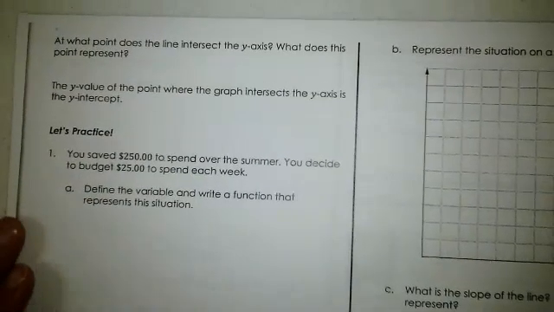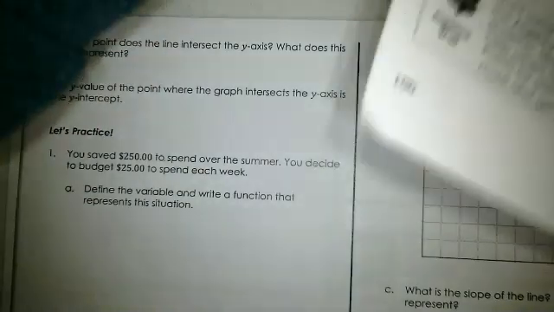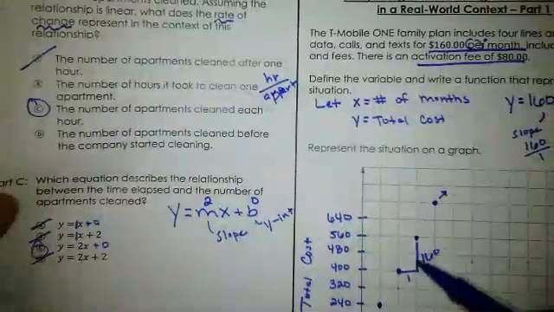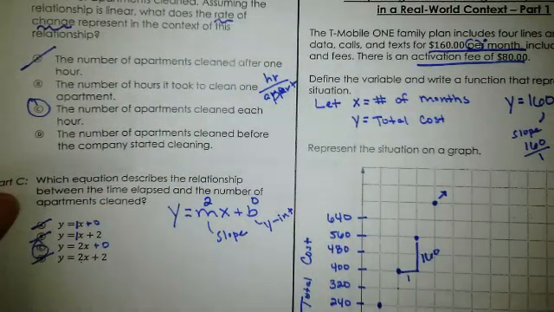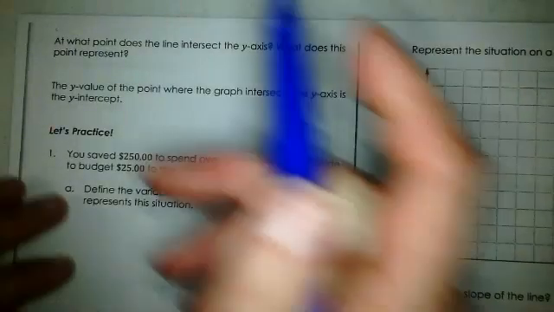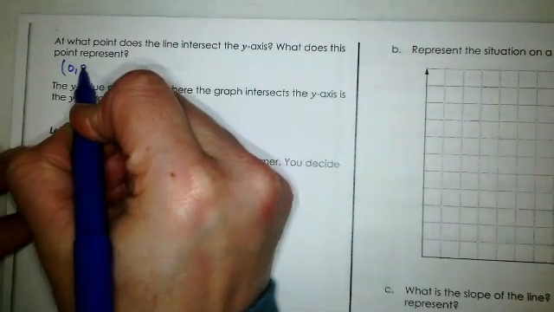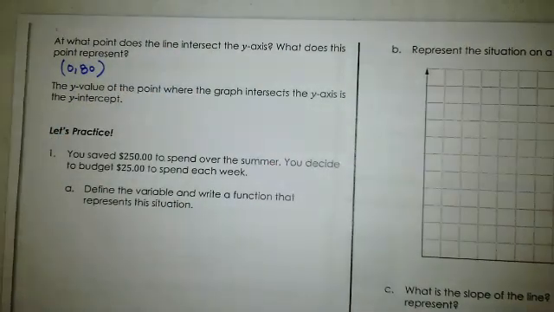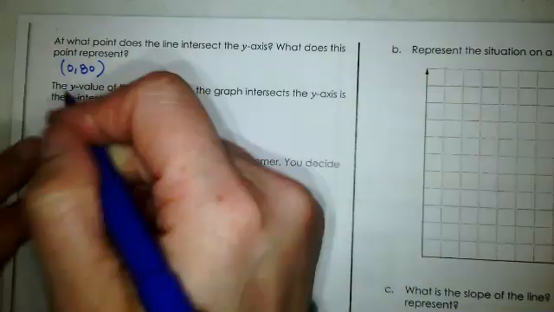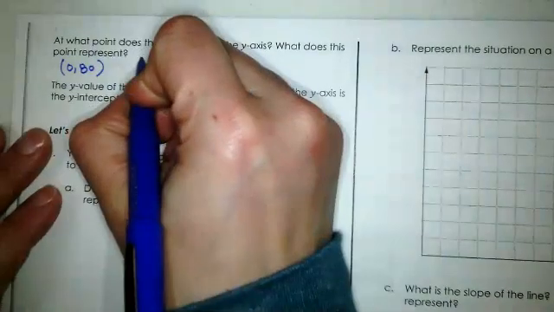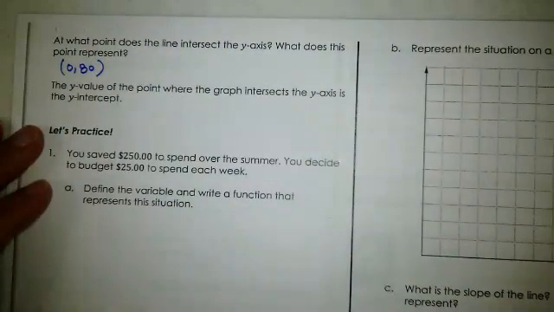At what point does the line intersect the y-axis? So our line is going to cross the y-axis right here at 80. So that's the point 0, 80. What does this point represent? This is our starting value or the initial value.